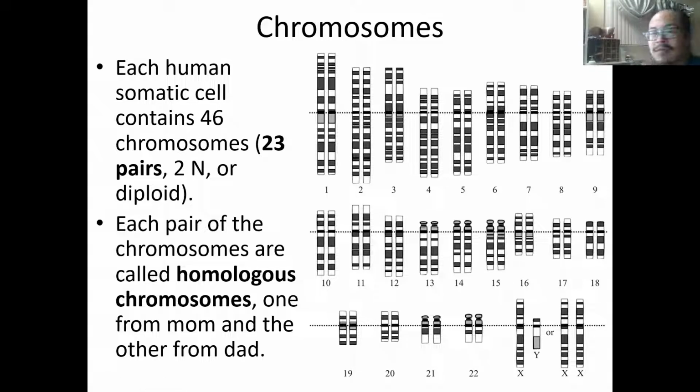So the coding can vary, but they are comparable. They are homologous to each other. So these pairs are called homologous chromosomes. We don't call X and Y homologous because they are different. We call XX homologous though. We usually call XY the sex chromosomes.